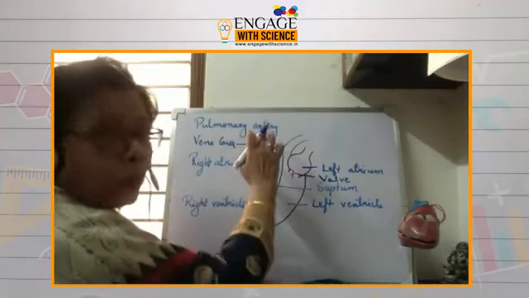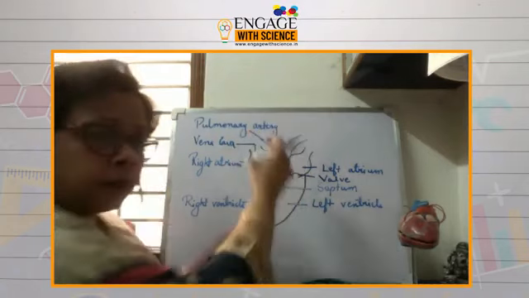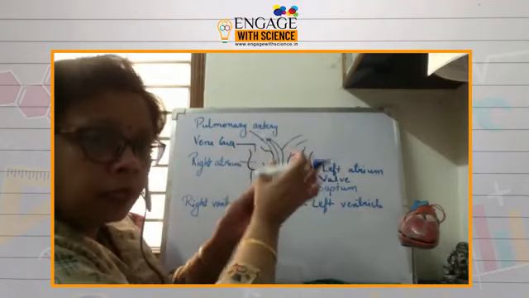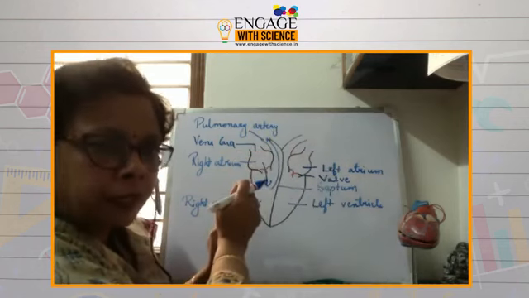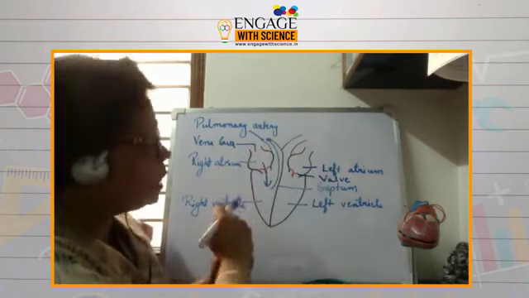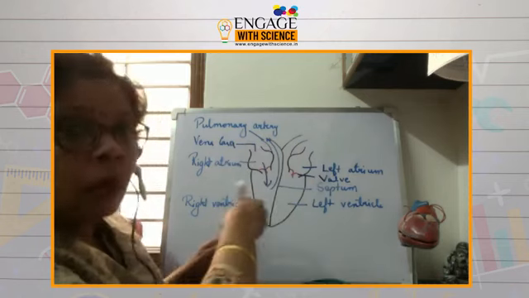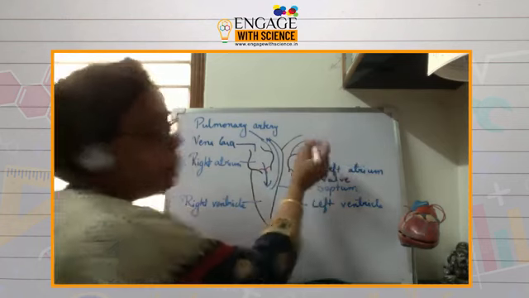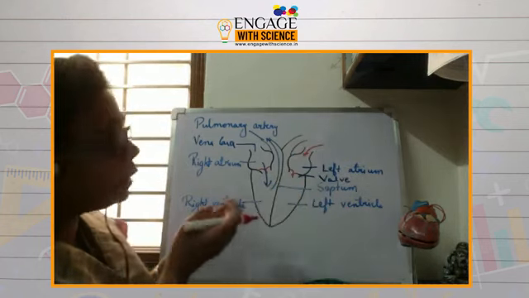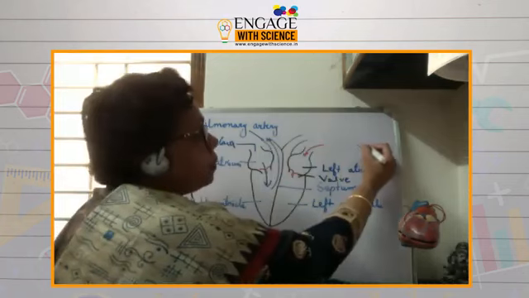Okay, once the blood reaches the lungs, exchange of gases takes place. Blood picks up the oxygen and gives away the carbon dioxide. Now this oxygenated blood comes back to heart. Now, because this blood vessel is bringing the blood to the heart, it would be a vein.